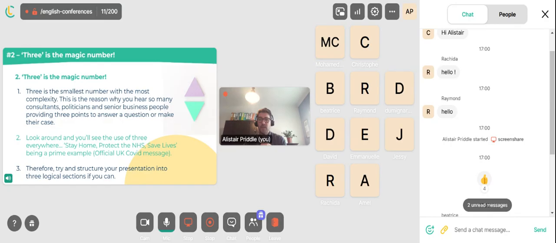For example, stay home, protect the NHS, save lives. This was an official UK government COVID message. Therefore, try and structure your presentation into 3 logical sections if you can. Remember, 3 is the magic number.